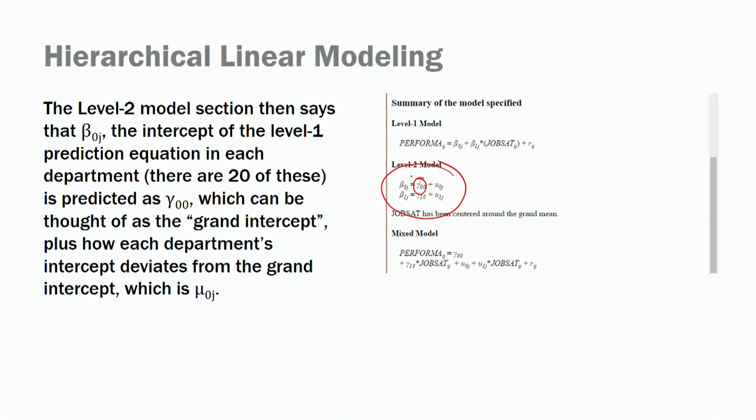If there is variance across teams, across groups, in this case across departments, that's represented by mu0. For the beta 1, this gamma 1,0 is the mean of the slopes. If the slopes vary across departments, that will be represented by your mu1.